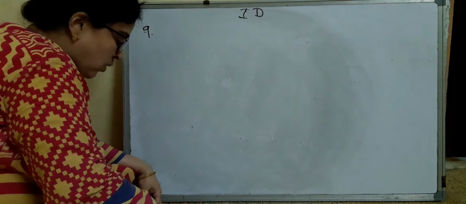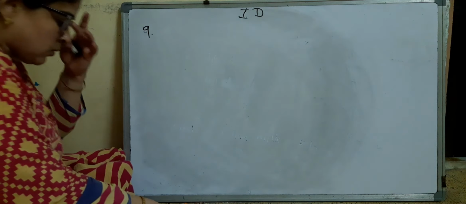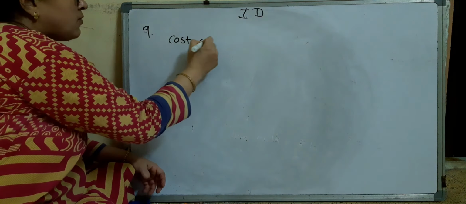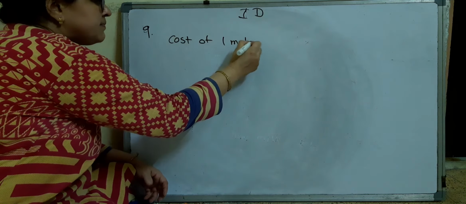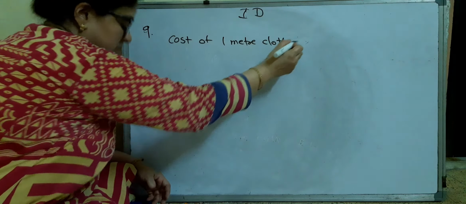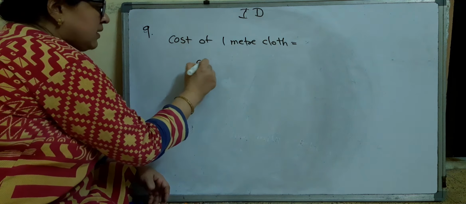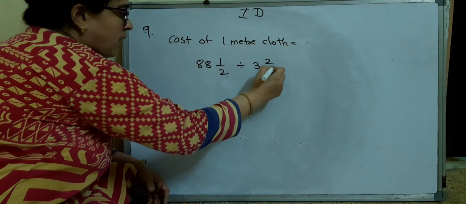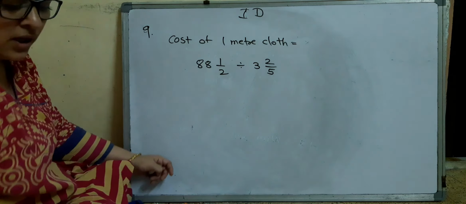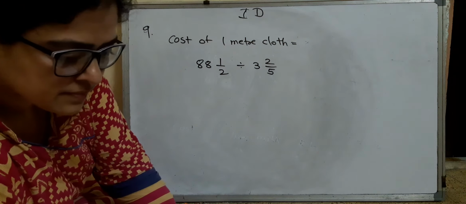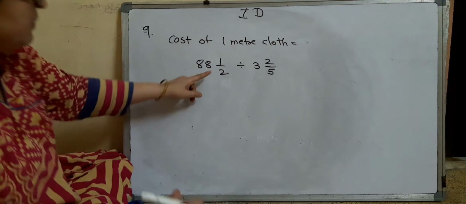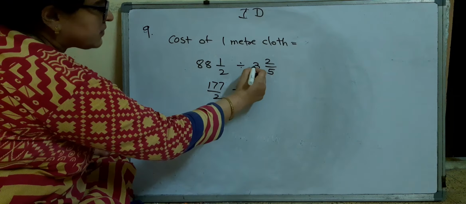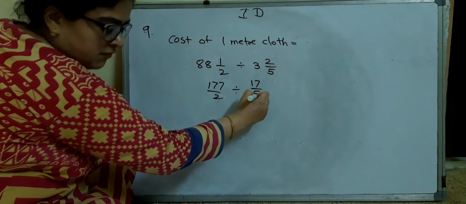The cost of 3 2 upon 5 meters of cloth is rupees 88 1 upon 2. What is the cost of 1 meter of cloth? The cost of 1 meter of cloth is equal to 88 1 upon 2 divided by 3 2 upon 5. 88 twos are 176 plus 1, 177 upon 2, divided by 5 threes are 15 plus 2, 17 upon 5.